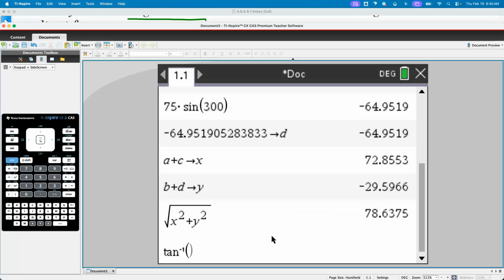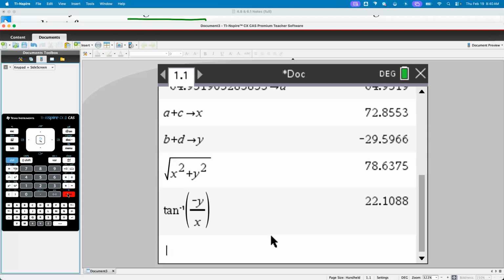Because my y is negative already, I'm going to go negative y to get rid of the negative on the y, divided by x. You've got to make that fraction positive, so we multiply it by negative 1. So I get a reference angle of 22.109.